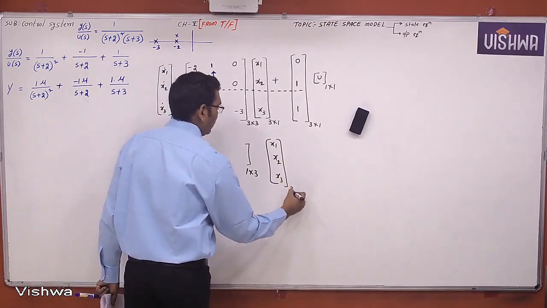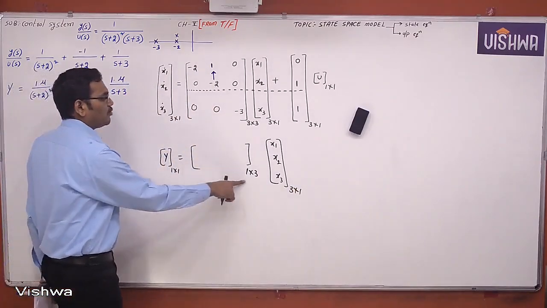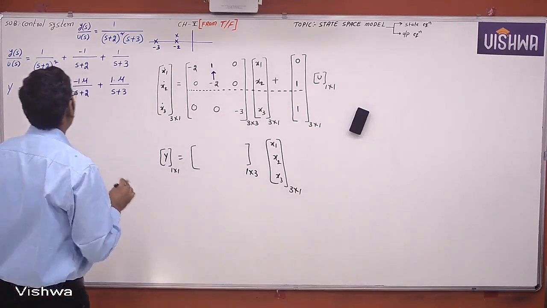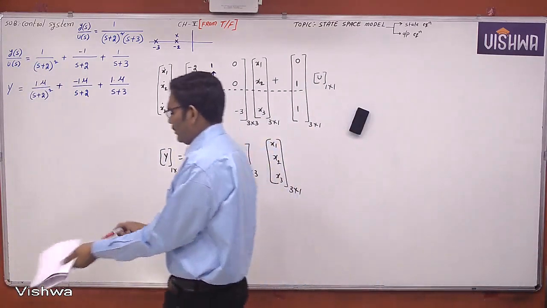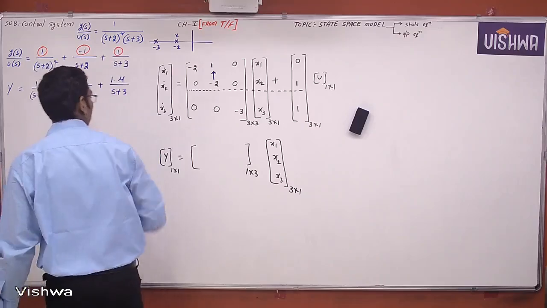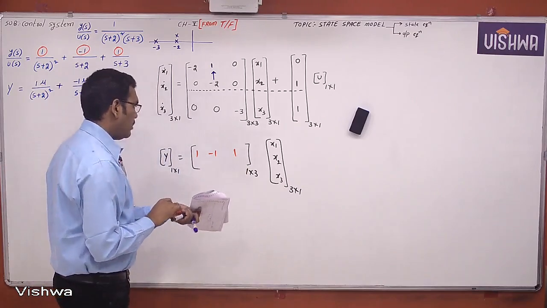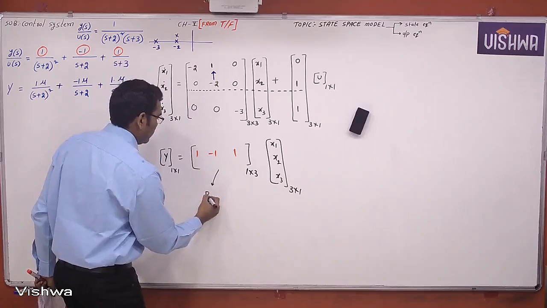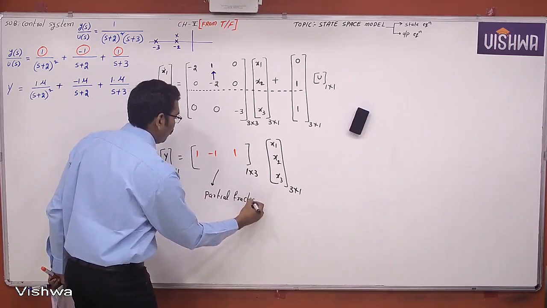Now this is 3 by 1, 3 cancels 3, giving 1 by 1. So what are the C matrix quantities? The C matrix quantities are the partial fraction quantities. What are the partial fraction quantities? They are 1, minus 1, 1. These are the partial fraction quantities.